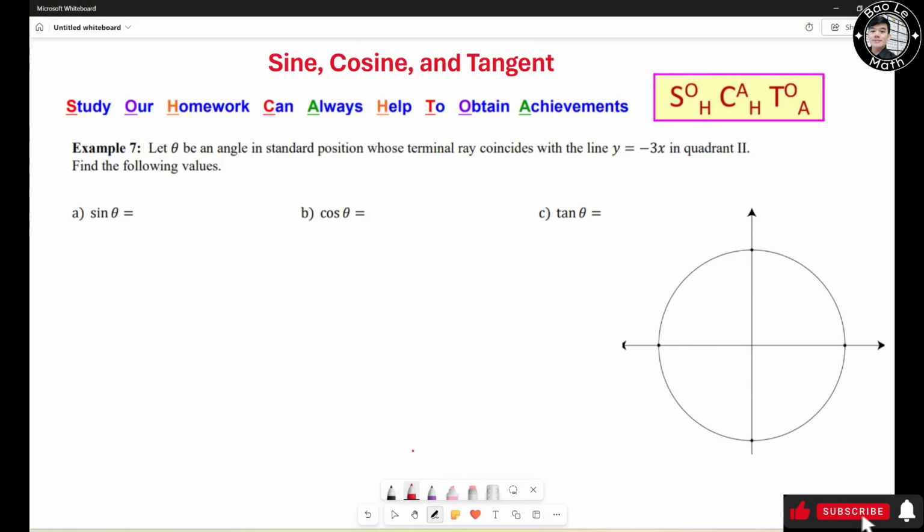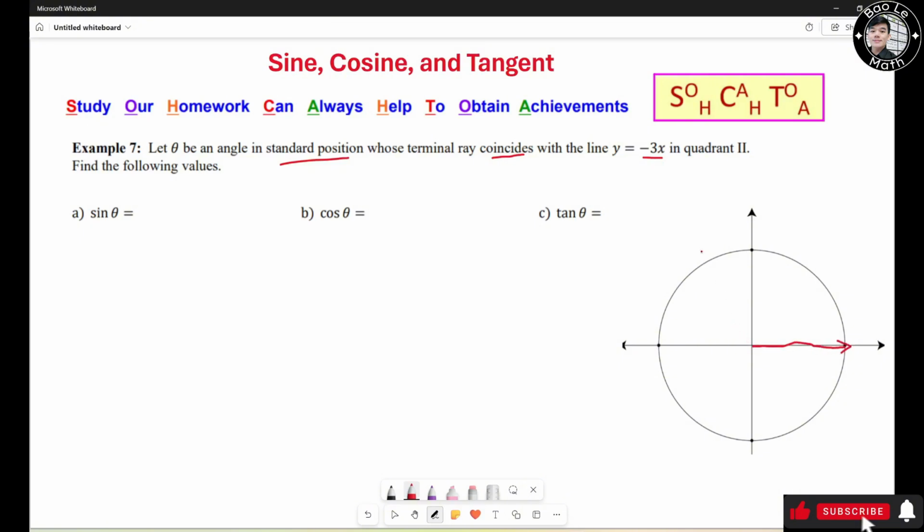Example number 7. Let theta be an angle in standard position whose terminal ray coincides with the line y equals negative 3x in quadrant 2. Alright, so first you need to sketch the line y equals negative 3x. Now you have the initial ray, it's going to be this one, always.